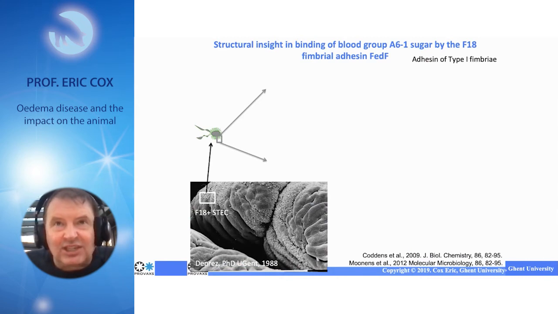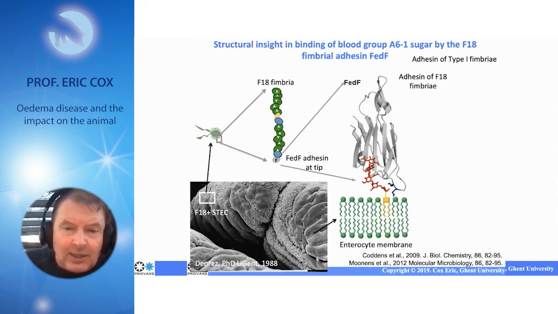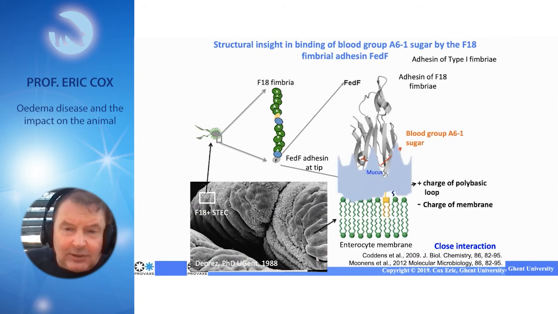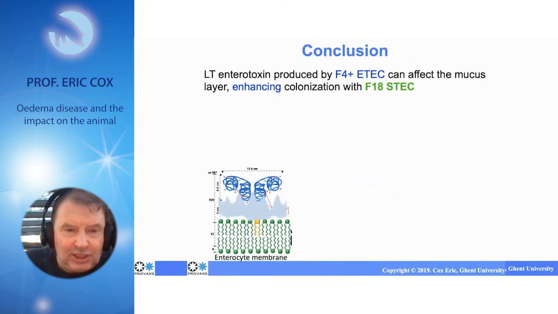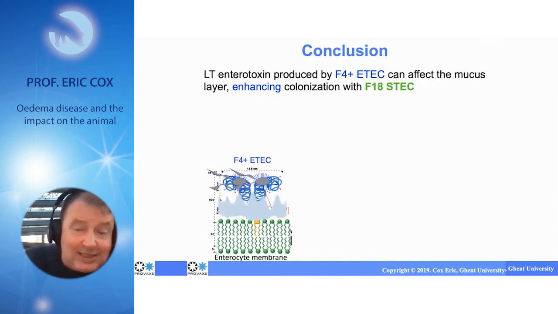It's not a colonization that appears everywhere, but it spreads in clusters like bacteria that grow on a plate. So this close interaction is needed, and normally the mucus layer protects the mucosa from becoming infected with Shiga toxin producing E. coli.